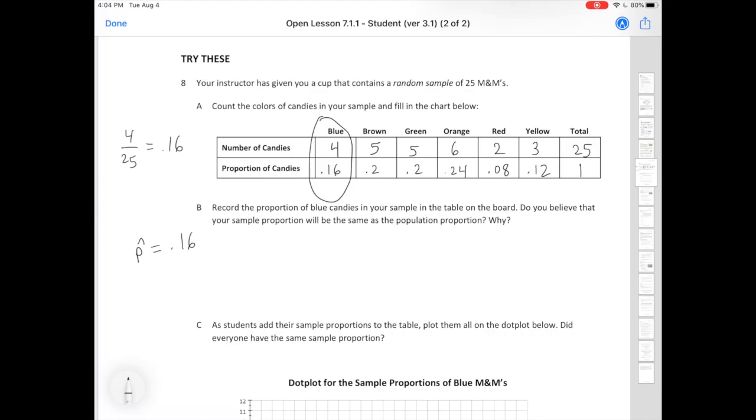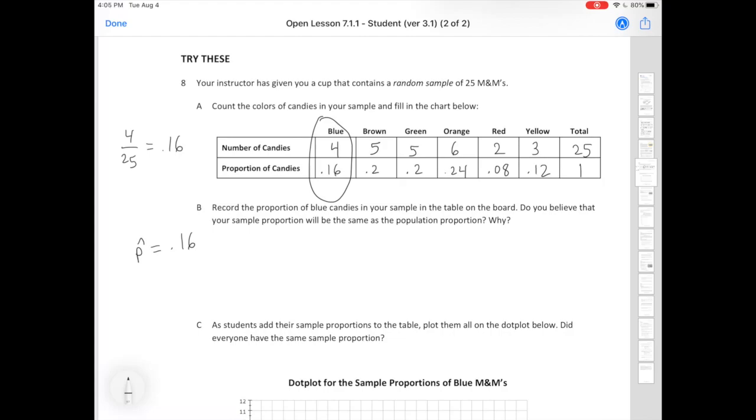Do you believe that your sample proportion will be the same as the population proportion? Why or why not? What is this asking us? What this is telling you is that we got 16% blue under our cup. Okay?